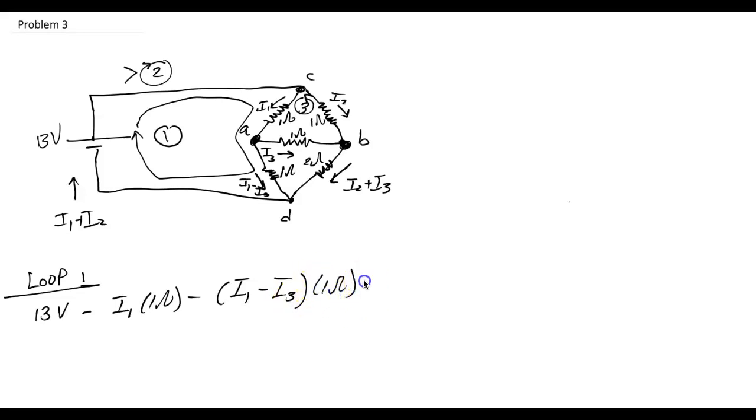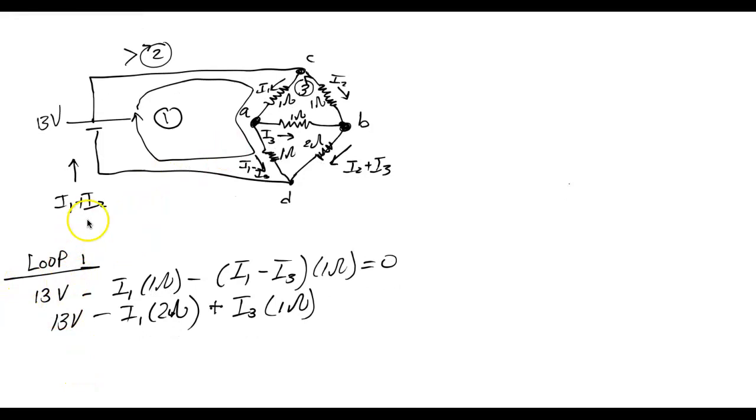So when I have 13 volts, minus 1 I1 and another minus 1 I1, that's a minus I1 times 2 ohms, and then plus I3 times 1 ohm.